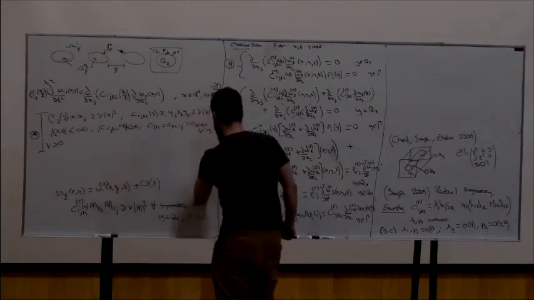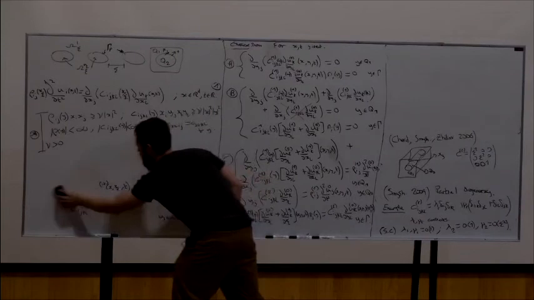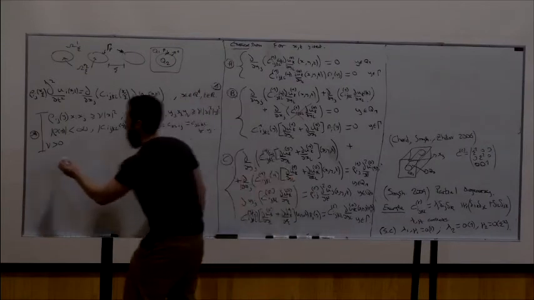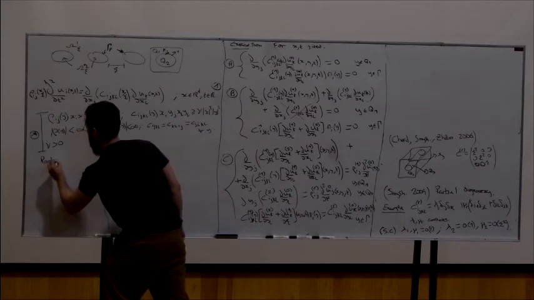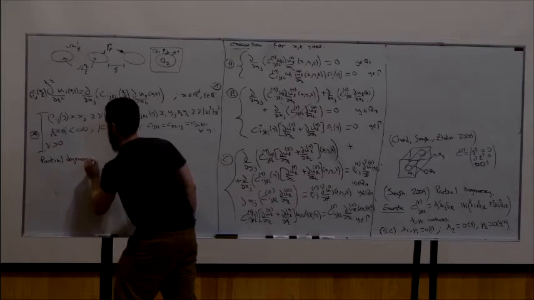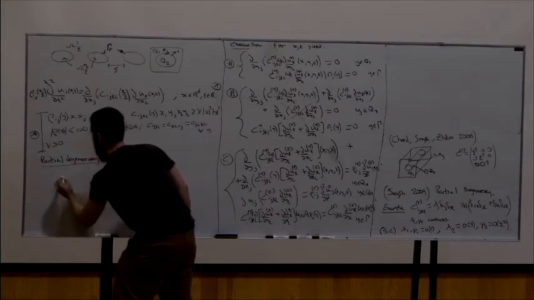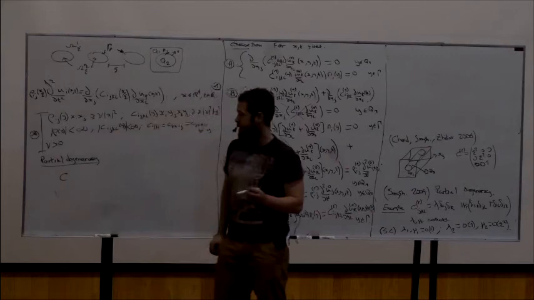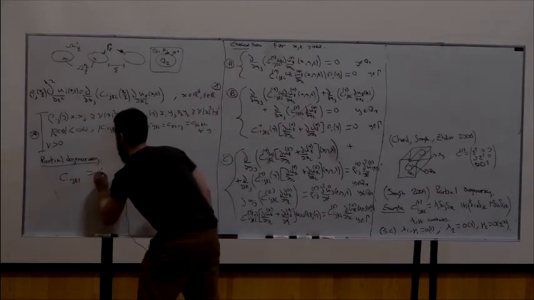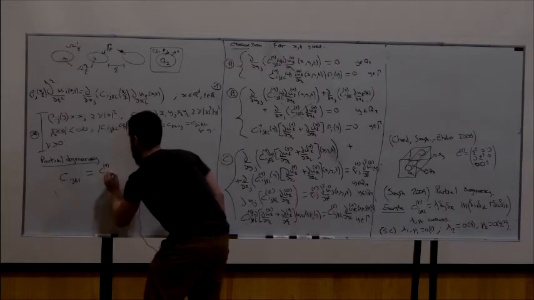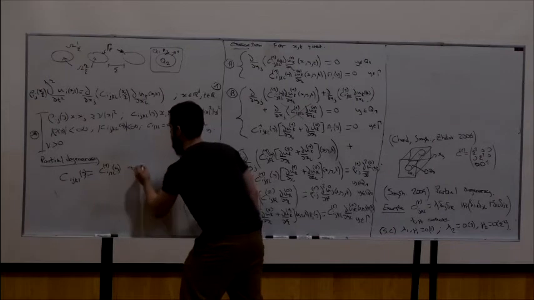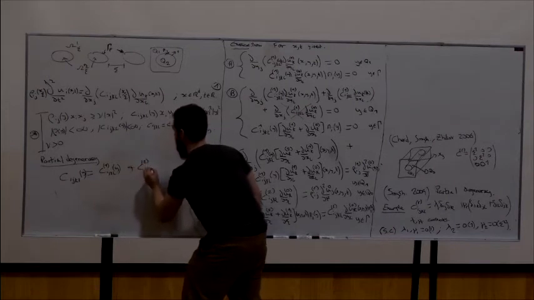You guys can just write it down. Partial degeneracy. So we have C. This is our tensor, and it has a very special structure. It is precisely C1 ijkl, possibly a function of y, plus C2 ijkl, a function of y.